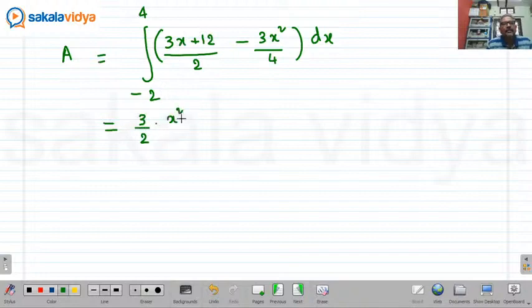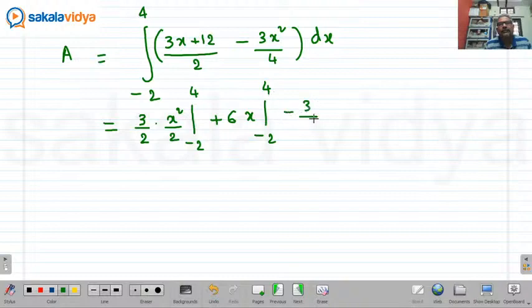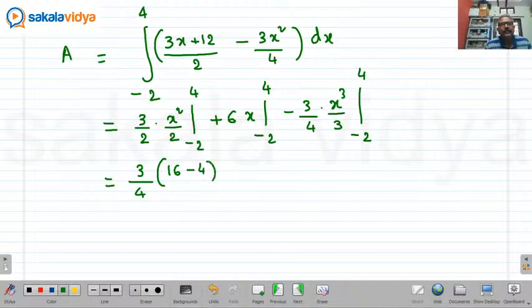The integral of x is x square by 2, with limits minus 2 to 4, plus 6x from minus 2 to 4, and minus 3 by 4 times the integral of x square, which is x cube by 3, with limits minus 2 to 4. 4 square is 16 and minus 2 square is 4. 4 cube is 64, minus of minus 2 cube, plus 8.